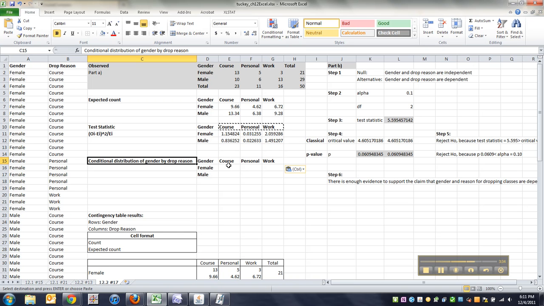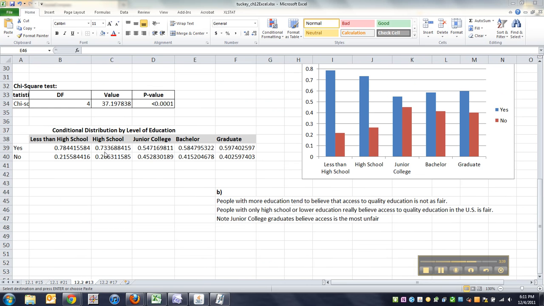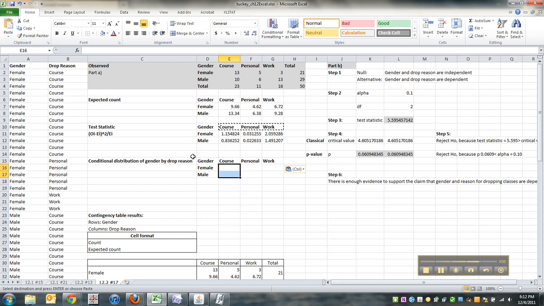Since drop reasons are columns, I'm going to go down the columns. The last problem was by level of education, so that's why we worked down the level of education columns. If they had said by yes or no, then we would have gone across the rows. In this problem, if they had said of drop reason by gender, that would have been across the rows like this.